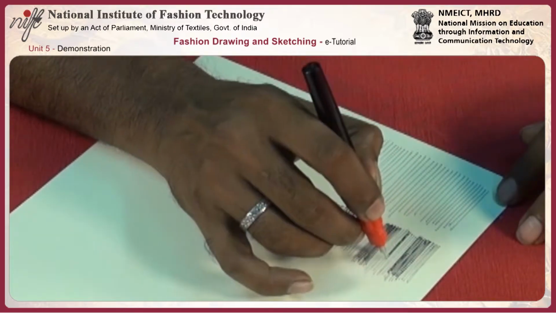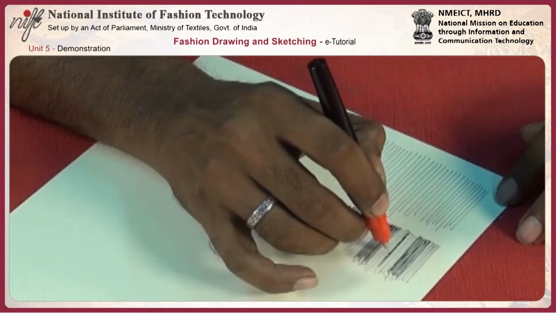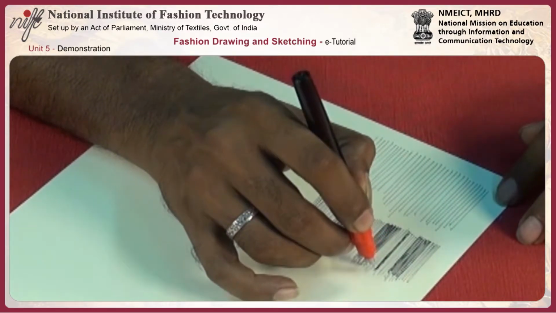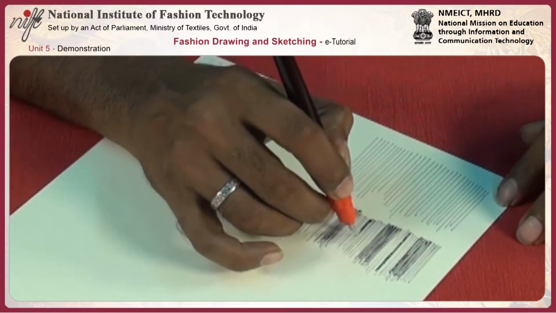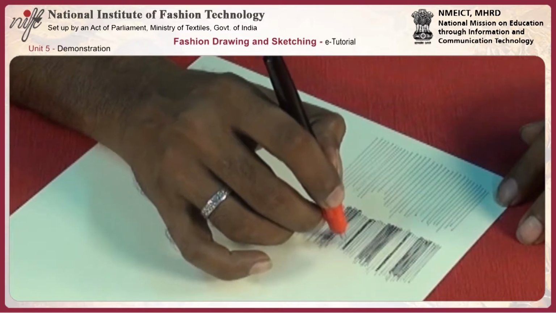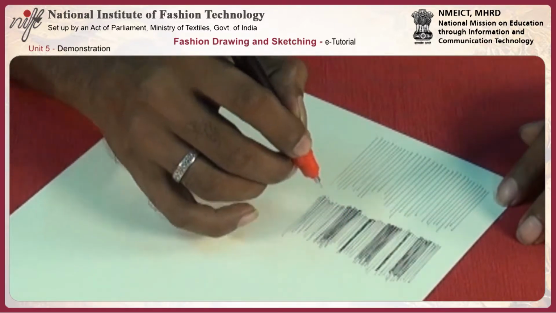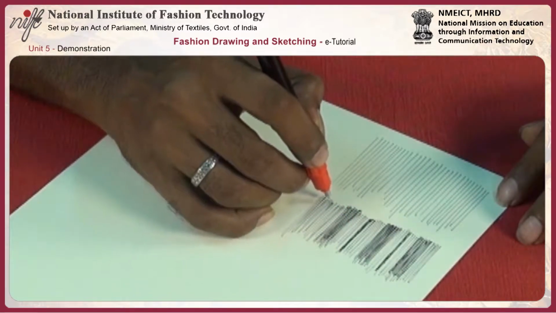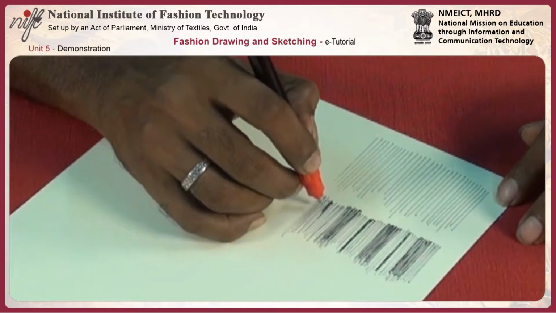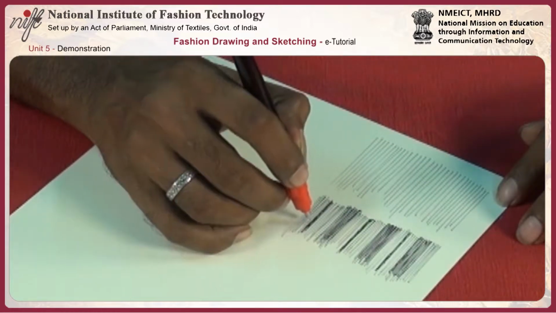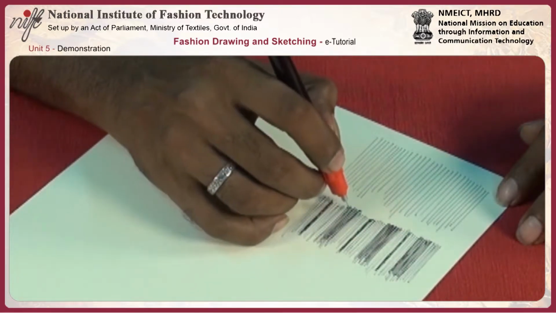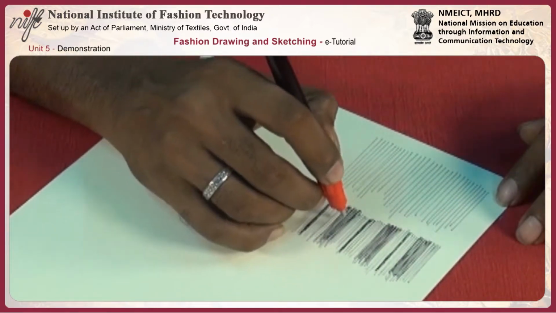Now watch carefully how I am trying to create a thin stripe in between the broad stripes that I have already rendered. One must note here that I have been continuously drawing only parallel lines using the same pen.